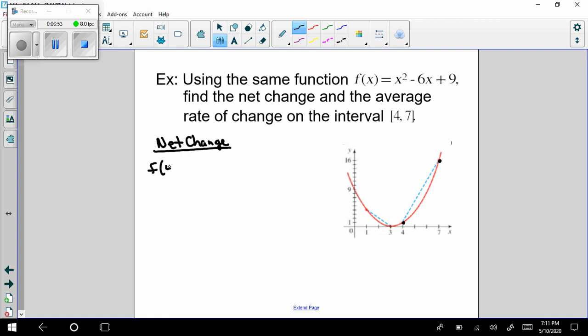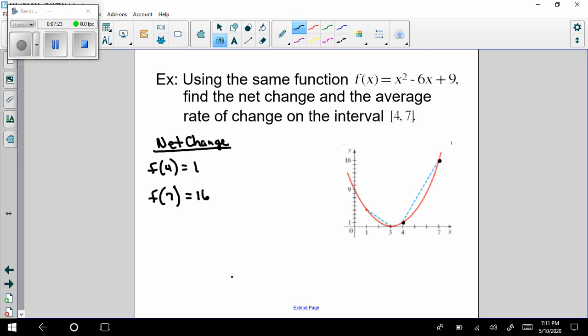So f of 4, if we plug that in, is going to be 16 minus 24 plus 9, which is negative 8 plus 9, which is 1. f of 7 is going to be 49 minus 42, which is 7. 7 plus 9 is 16.